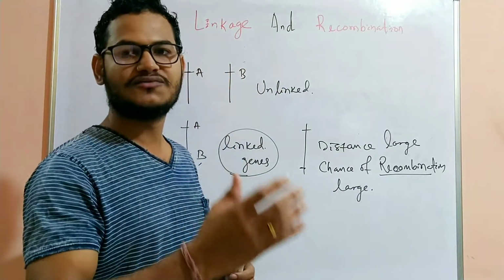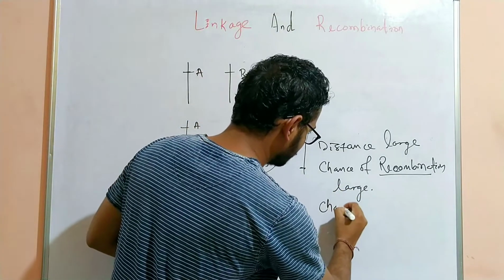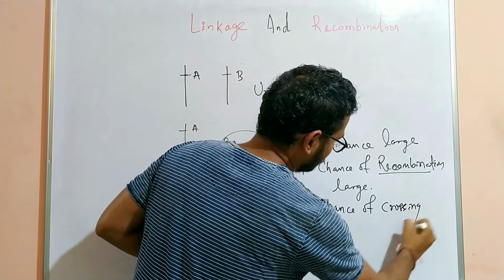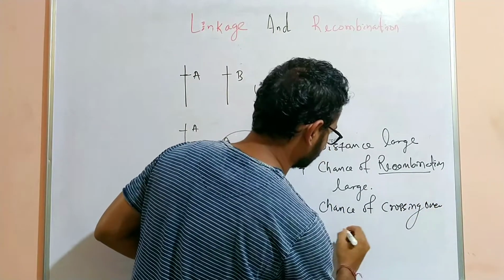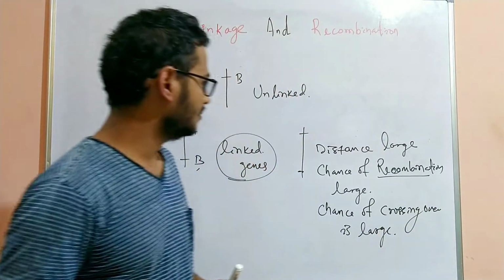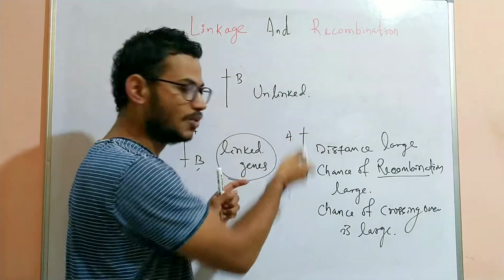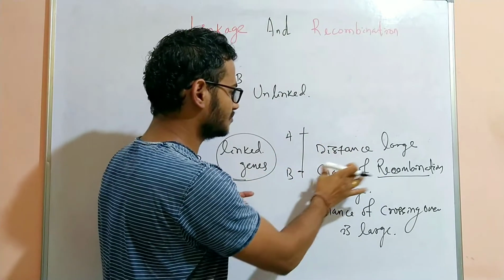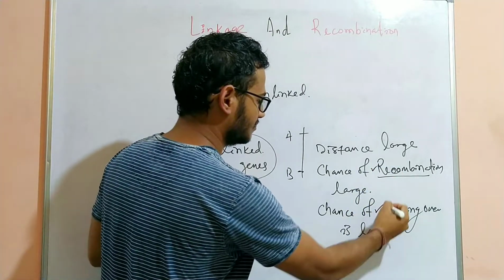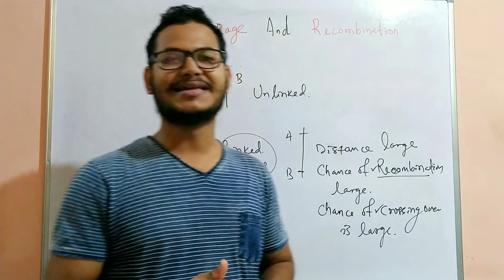So the chance of crossing over is also large. Okay, so when the distance between the two genes is more, at that time the chance of recombination is more, and accordingly the chance of crossing over will also increase.